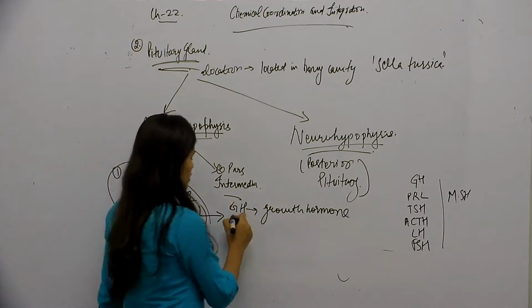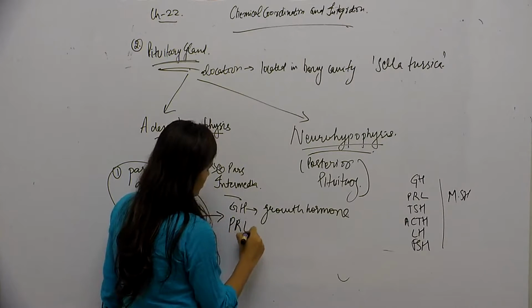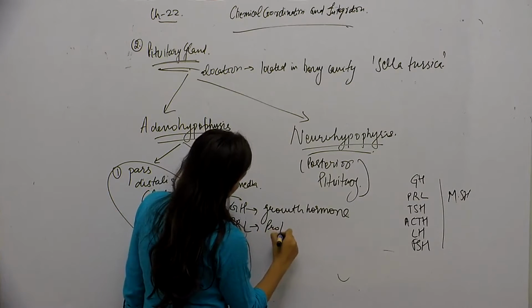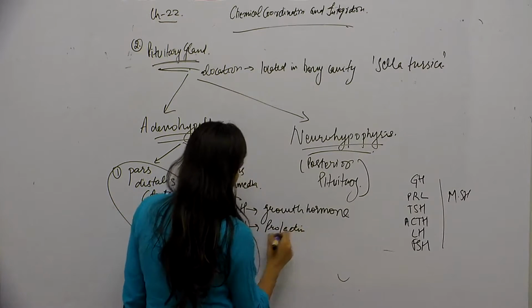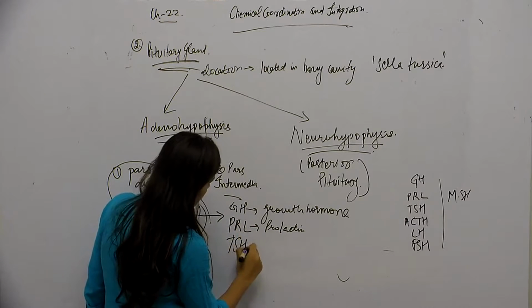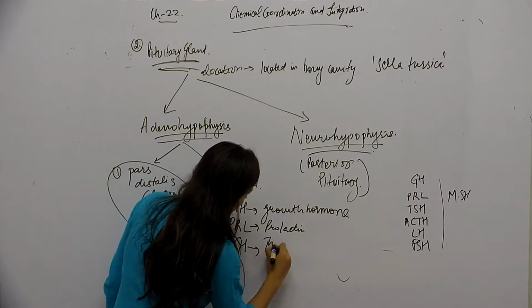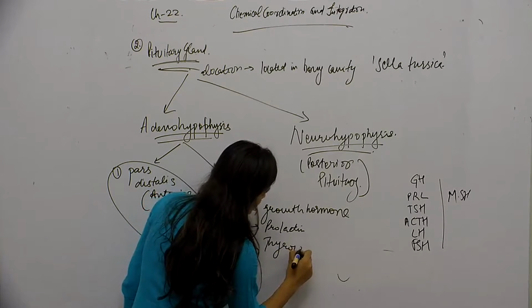The second one is PRL, which is prolactin. Then comes TSH, which is thyroid stimulating hormone.